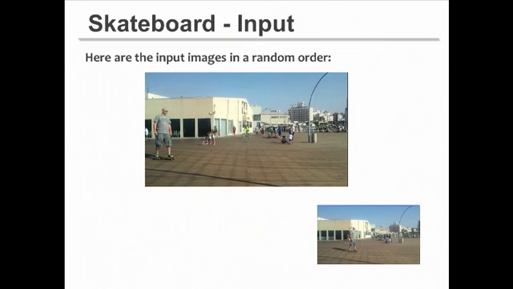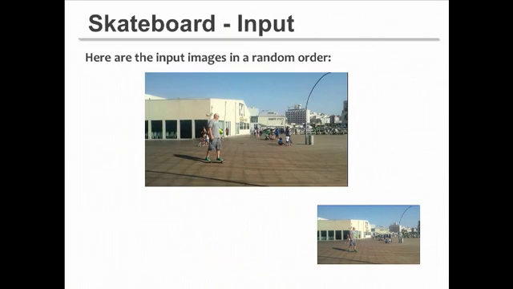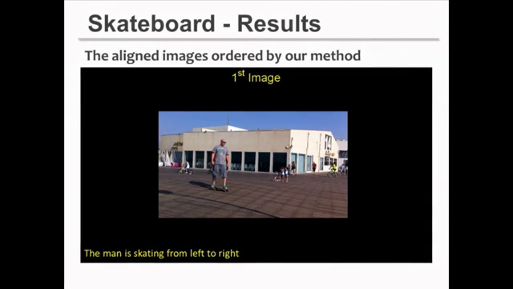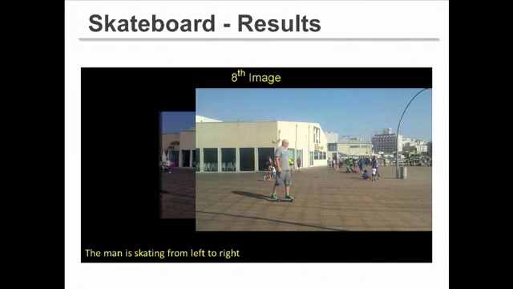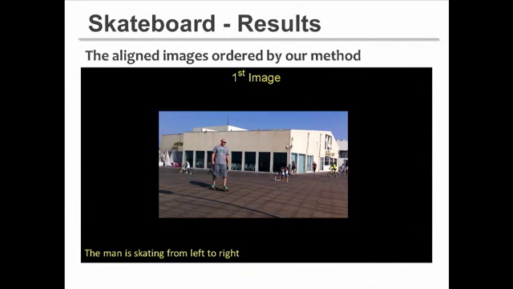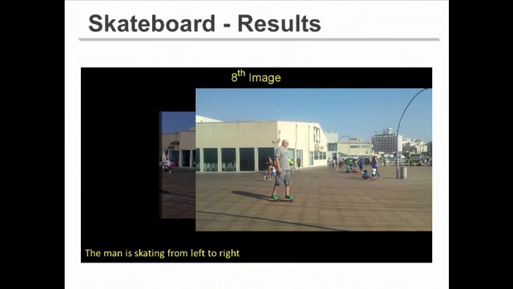It's not very clear what this guy is doing. And that's not me, by the way. And this is the result you get. Okay, I'm playing it back and forth. So you can clearly see that he's skating from left to right.